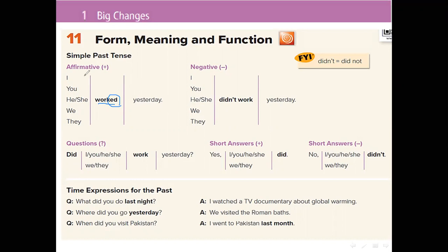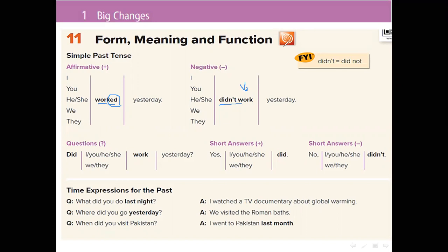How to change affirmative into negative? We should add didn't plus verb in infinitive form. Infinitive form, which means verb without any addition, without s, without ing, or without ed.